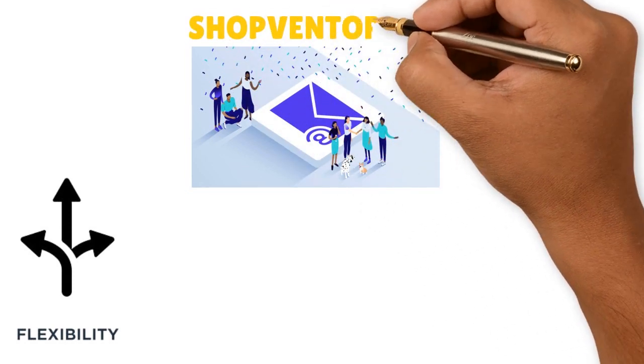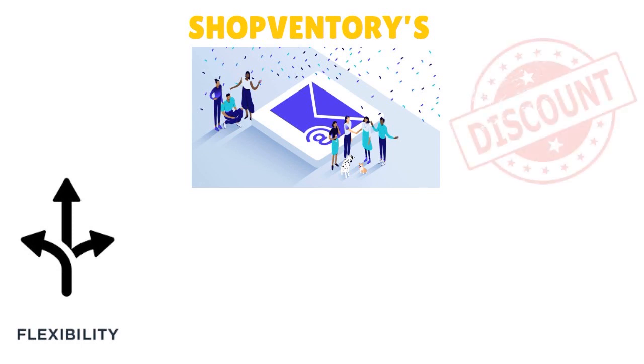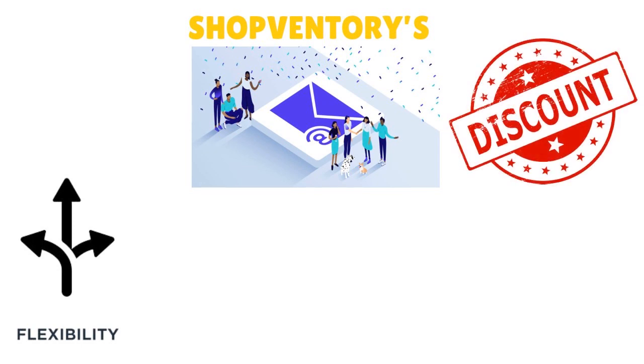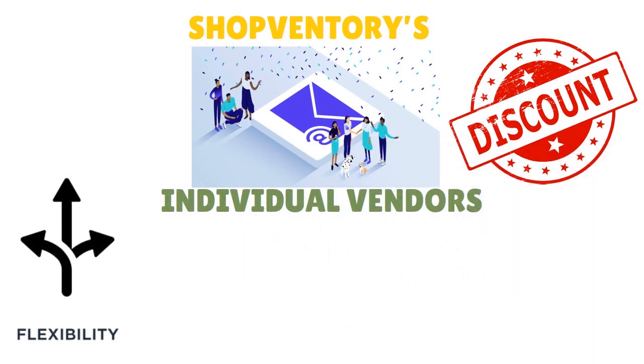Now, Shopventory's vendor management tools include tags, which allow users to add labels to vendor profiles for easy identification of local vendors, those who offer shipping discounts, or for organizing vendors based on what they sell. And users can also assign items and their variants to individual vendors and add notes to vendor profiles to keep track of important information.